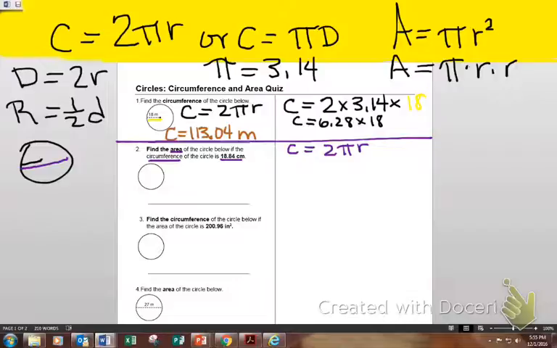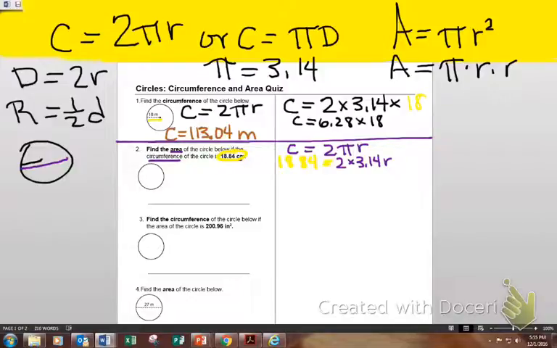I take the value of 18.84 and plug it in for C, because that is the circumference. 18.84 is equal to 2 times pi, which is 3.14, times r, which is the value I do not know.